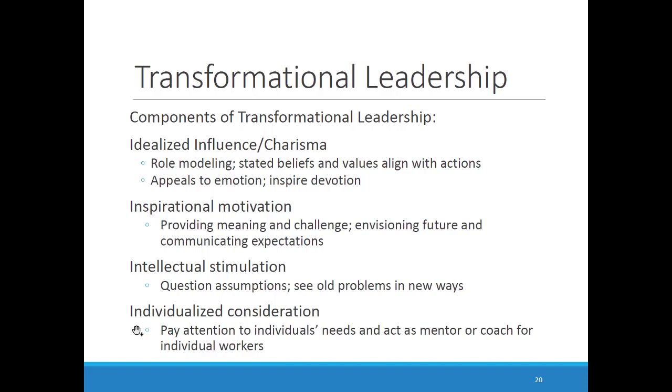So for individualized consideration, if you've ever had a leader, a supervisor, or even someone that's a leader in another organization, like a school group or something like that, who really takes the time to reach out to you and get to know you and maybe even asks what your career aspirations are and helps you think through that, that's what we mean by individualized consideration. By doing that, a leader is able to stimulate in their follower a desire to work harder so that that leader can succeed.